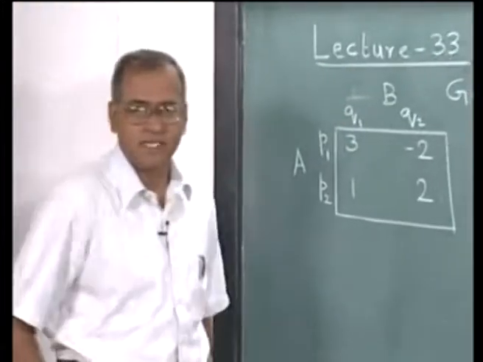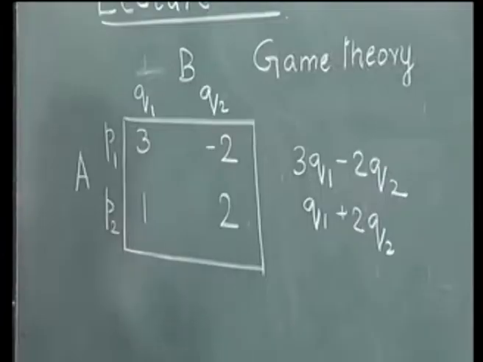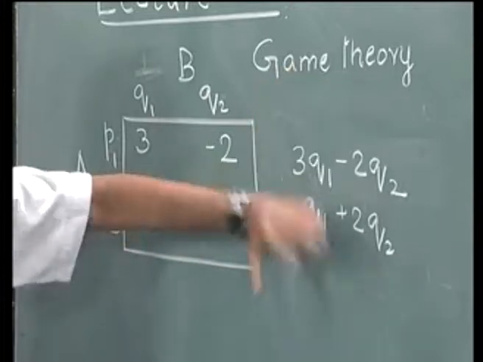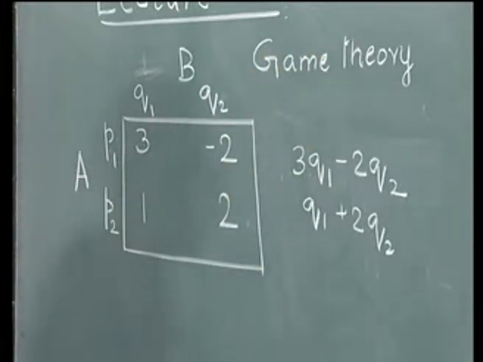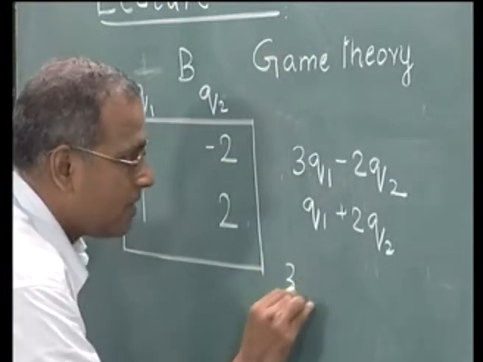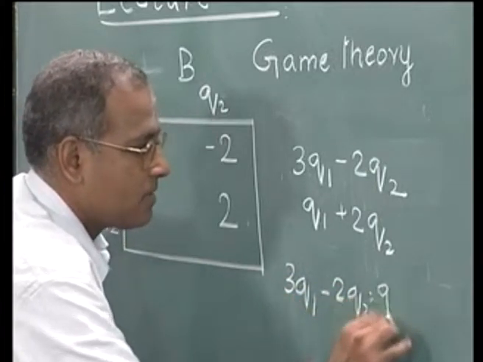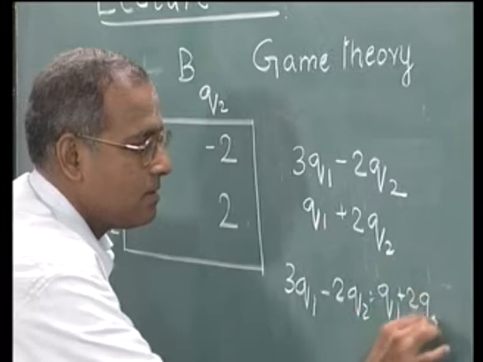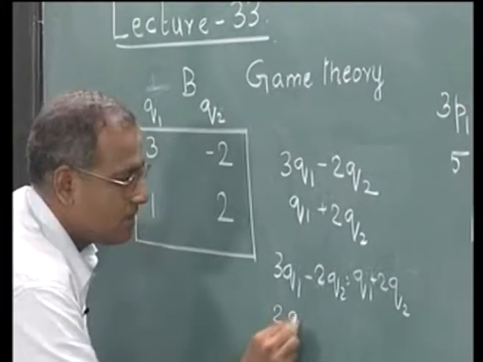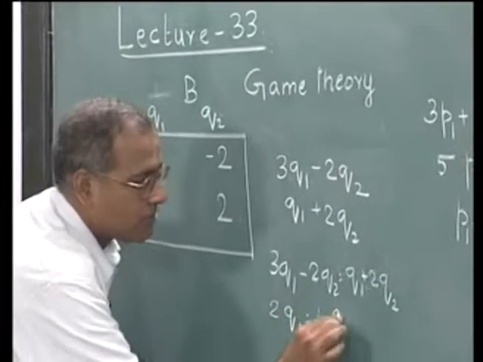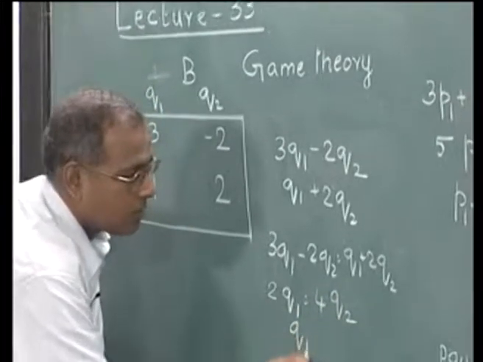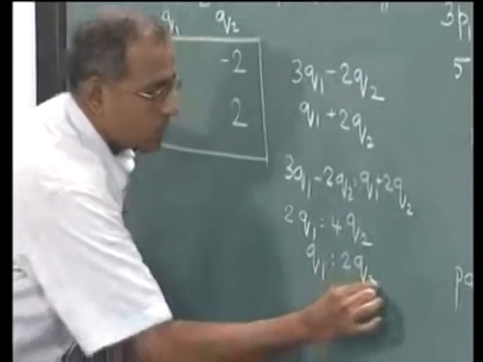Now, if there is no saddle point, then we can actually show that when we equate these two, we can get the values of q1 and q2. So, we get 3q1 minus 2q2 is equal to q1 plus 2q2. This would give us 2q1 is equal to 4q2, or q1 is equal to 2q2.